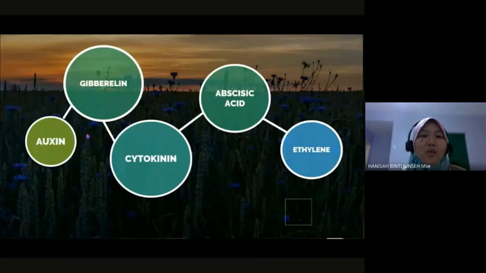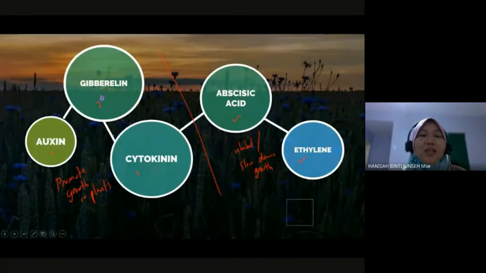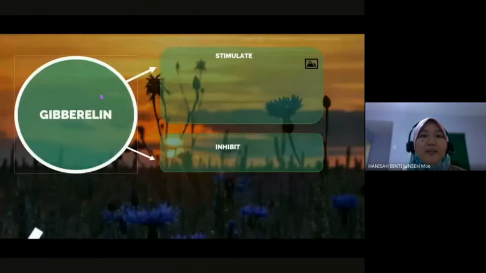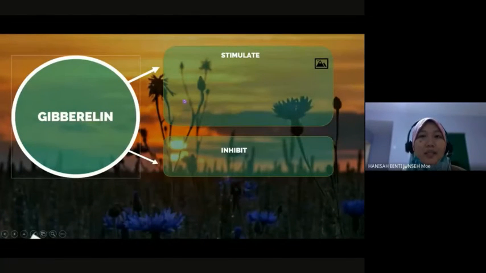Now we go to the second one, which is gibberellin. All right. So gibberellin, again, have in mind, is to stimulate growth. Basically, it's just to stimulate growth. Okay, but how is this gibberellin different from auxin?